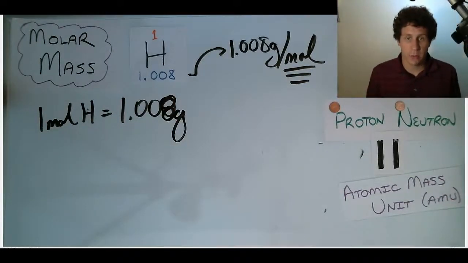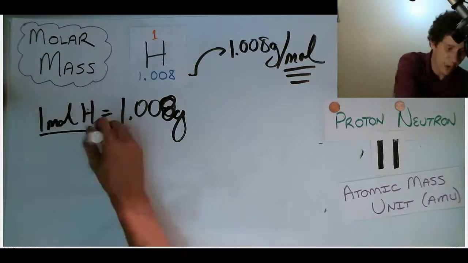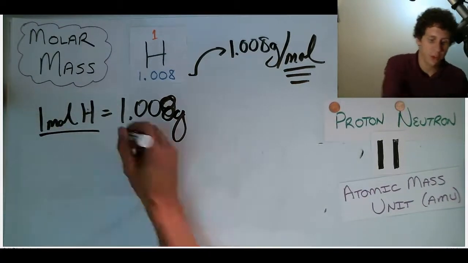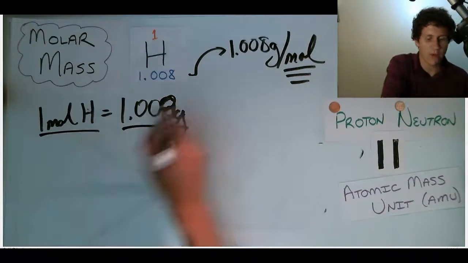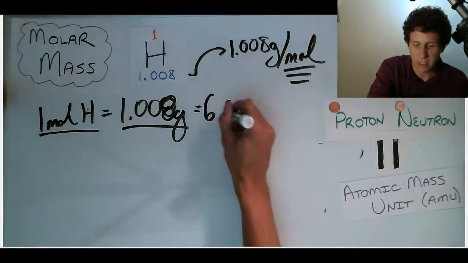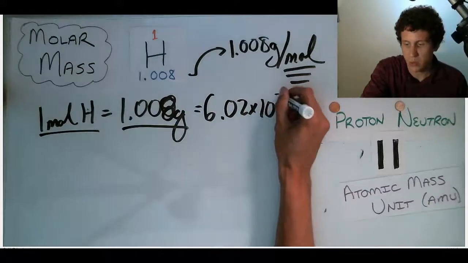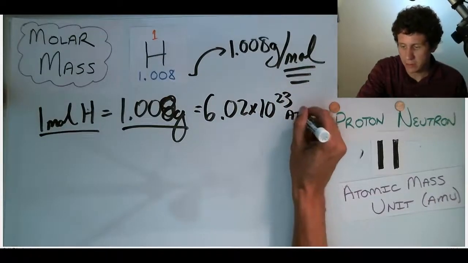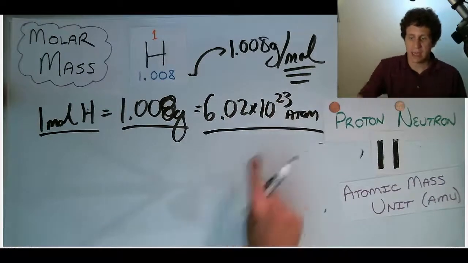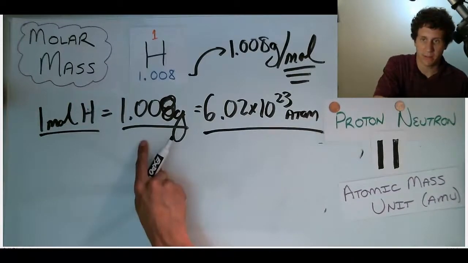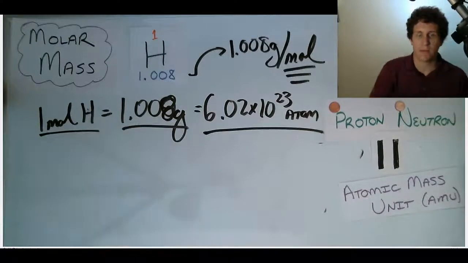That's huge. That's big, because now I can relate a grouping of hydrogen atoms to the mass that they weigh. And I know that for every 1 mole of H, I also know that I have 6.02 times 10 to the 23rd atoms. I can now count atoms. I can count atoms by weighing them through the relationship of the mole.